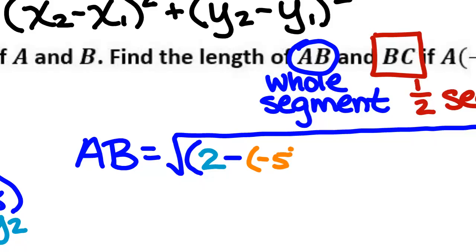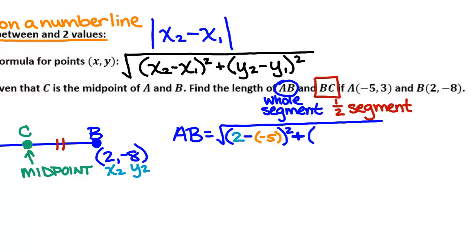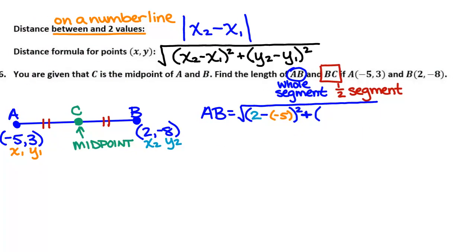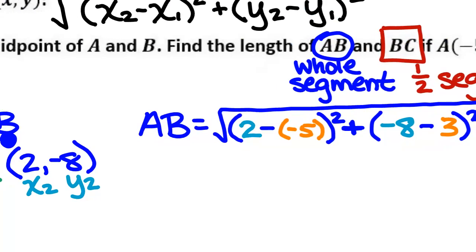We are minusing a negative here. Pop some parentheses around that and square it. Plus y2 minus y1. What goes inside this second set of parentheses? -8 minus 3. Close your parentheses and square it.